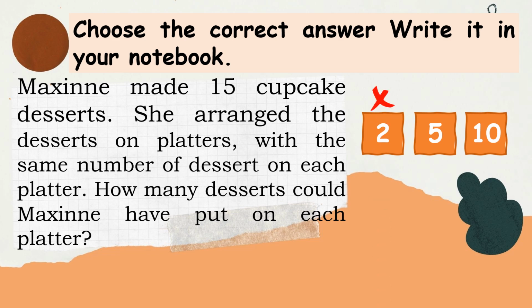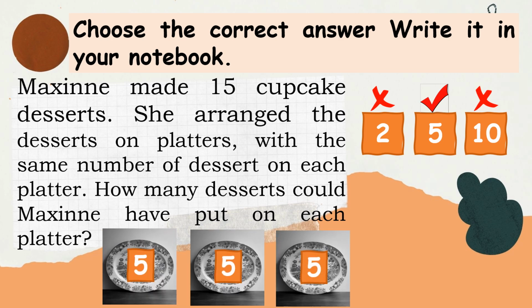Hindi pwede ang number 2, hindi divisible ang 2 sa 15. How about 10? Hindi rin dahil may labis. May remainder of 5. How about 5? Exactly correct. Meron tayong 3 platters na tig-5 cupcake ang laman.